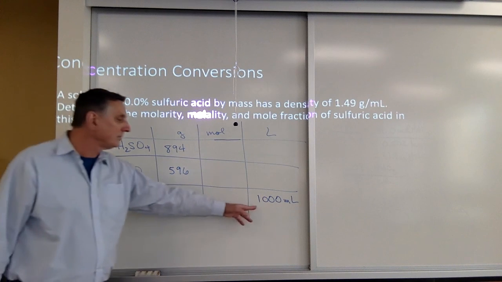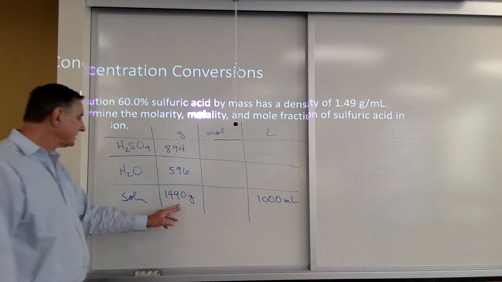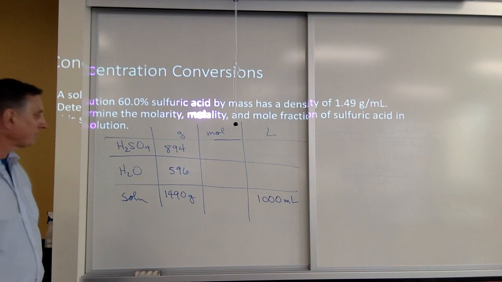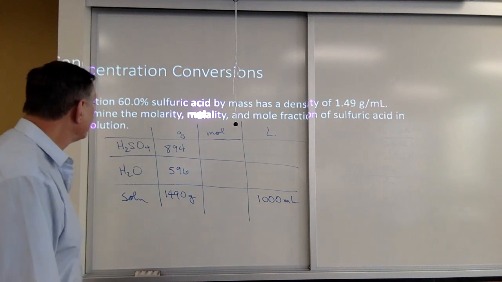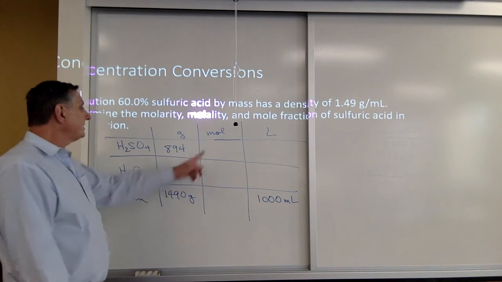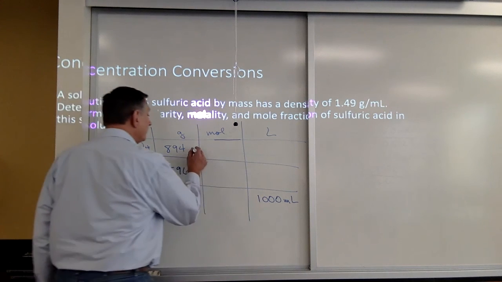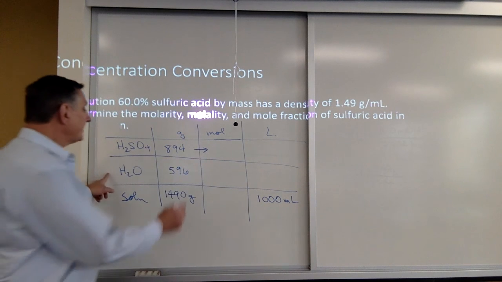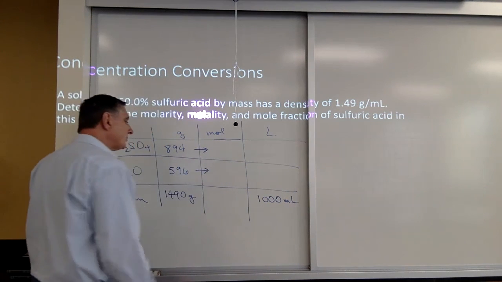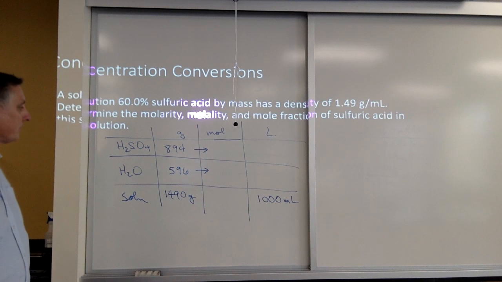And I've got the volume of solution, and I've got the mass of the solution. So I've got a lot of what I need to do these calculations. If I need to find moles, I can go from grams to moles for H2SO4.